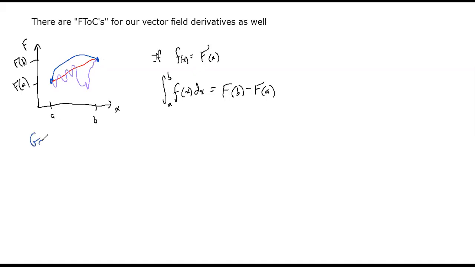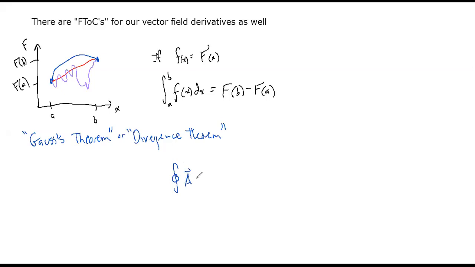So there is Gauss's theorem, or the divergence theorem, which says, the 3D version of that.